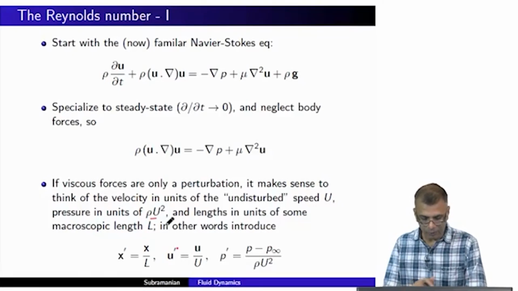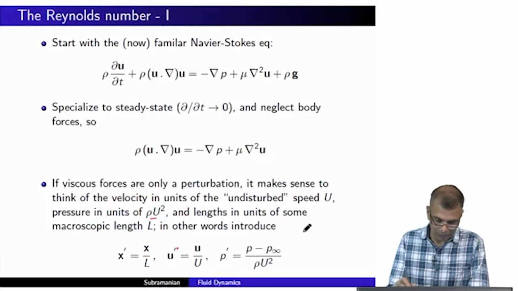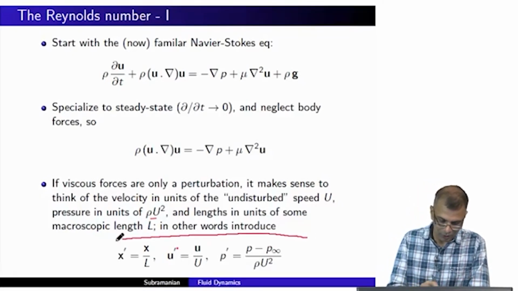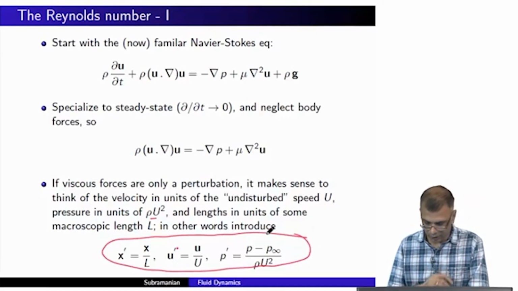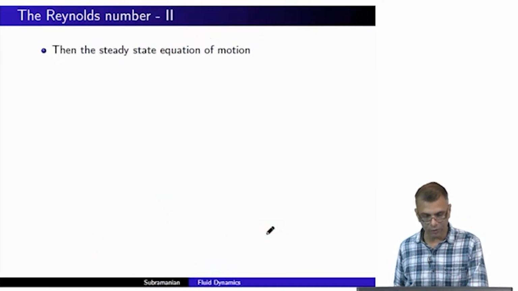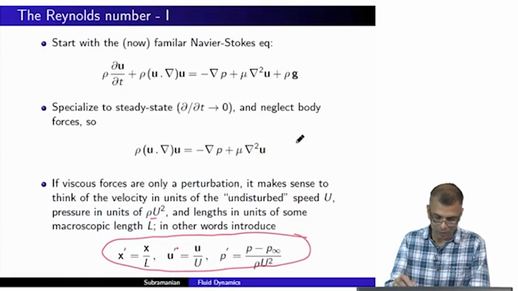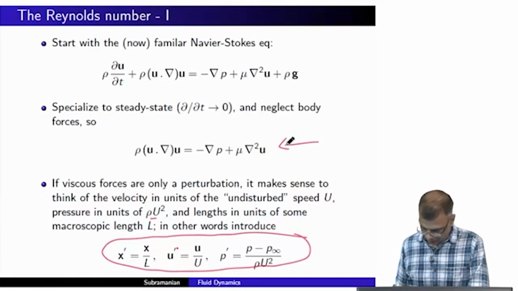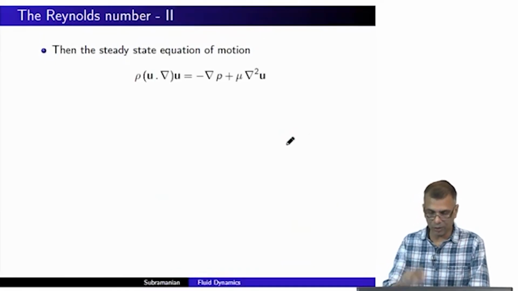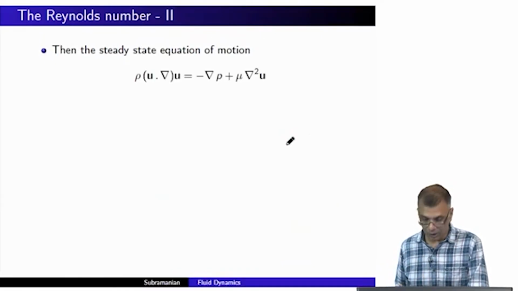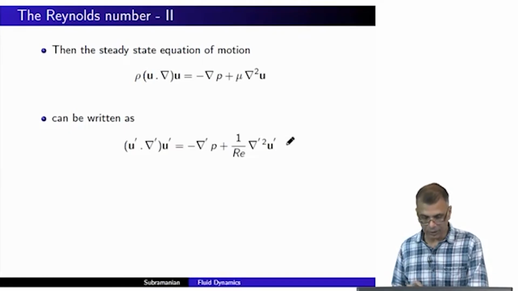So if I'm going to introduce all of these dimensionless numbers, then, and I urge you to do this yourself, the steady state equation of motion, which is just this, again I reproduce this here, can be written as that.